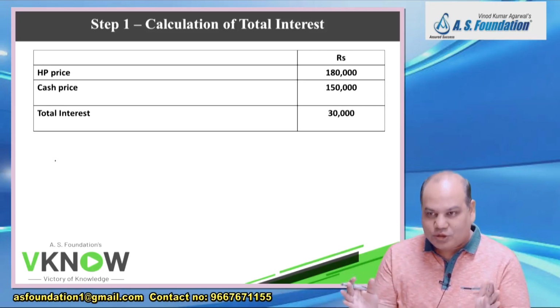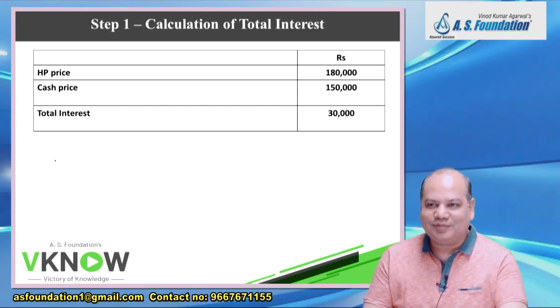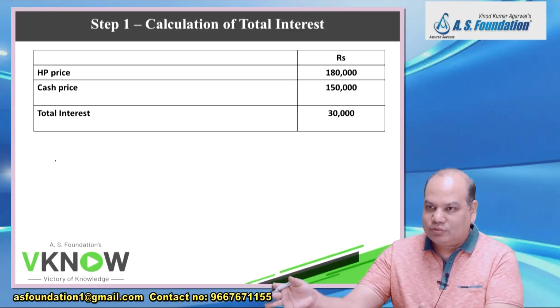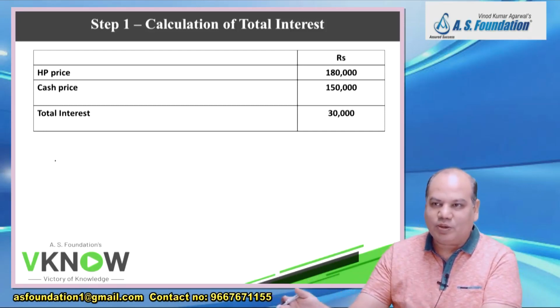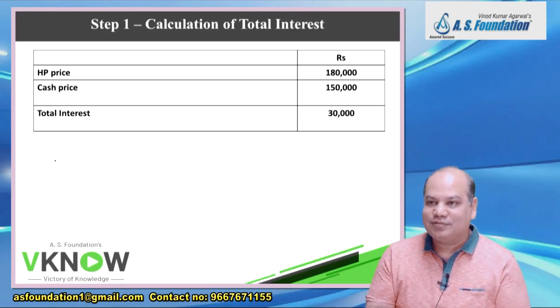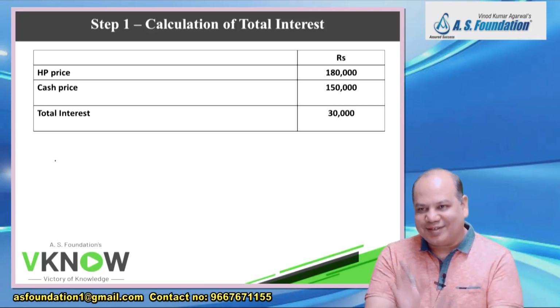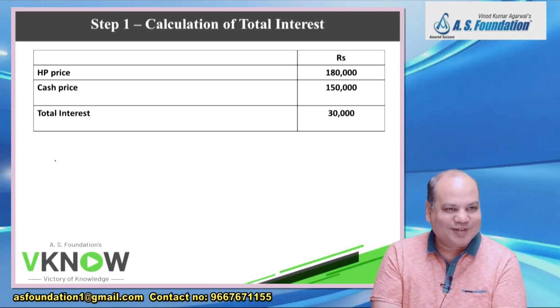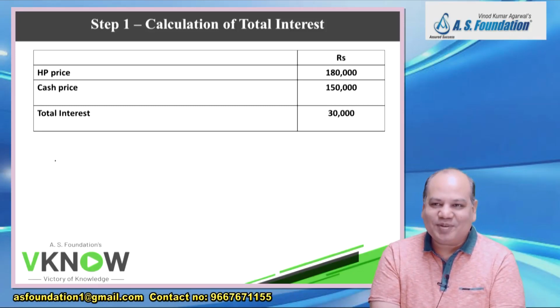That this question may have an interest rate of say 10%, and we'll find out whether the present value of cash outflow, that is installment and down payment, is matching with cash price or not. If it matches, that is the answer. If it does not match, that is not the answer.